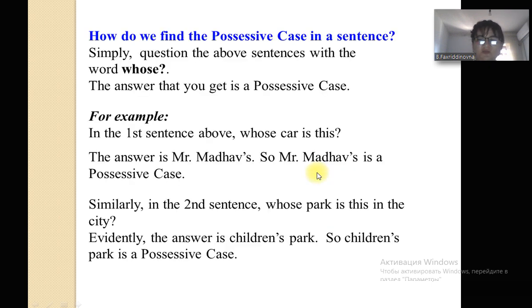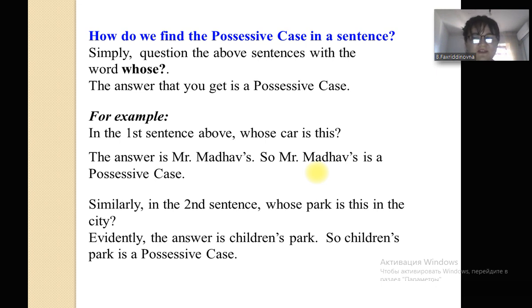And how do we find the possessive case in a sentence? Simply question the above sentence with the word whose. The answer that you get is the possessive case. For example, in the first sentence above, whose car is this?